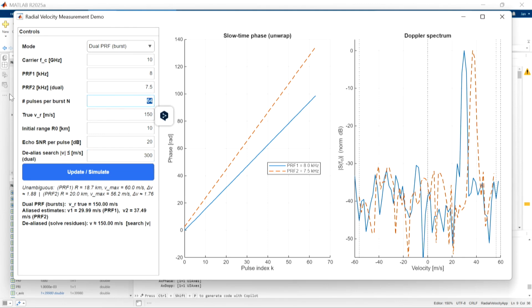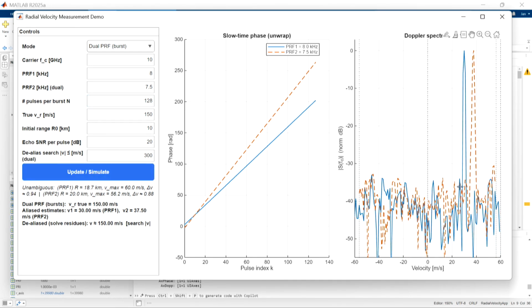I can also change the length of the CPI. If I put a higher value, what happens? The main lobe of the first and second is narrower. Why? Because it is a longer time and the inverse value.